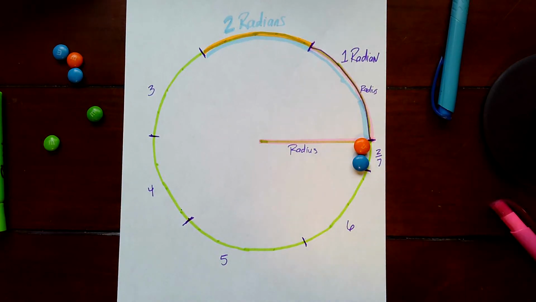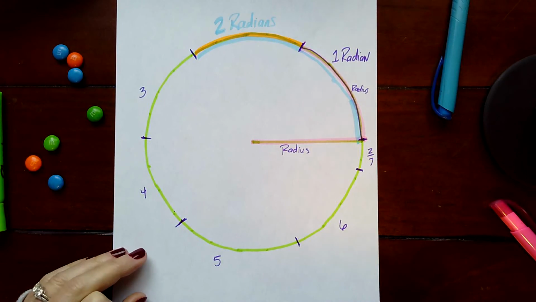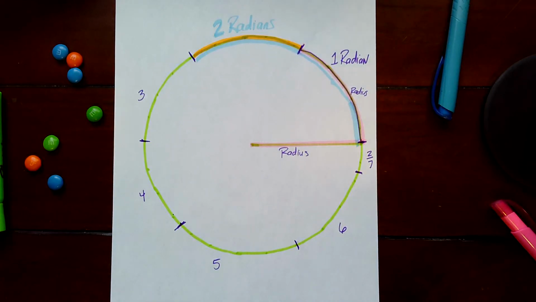So what we've just discovered is that a full circle has exactly 6 2/7 radians. We know the full circle from start to finish is called the circumference, so the circumference of this circle, when measured in radians, is 6 2/7 radians.